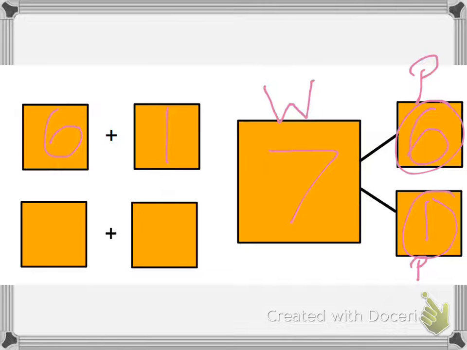Now, we're going to flip-flop those parts around. Because it doesn't matter which order they're in, it's going to still make the same number. Since it's just an expression without the whole, our 2 parts can switch spots and it's still okay. It makes the same number. It still makes 7. So 6 plus 1 we know makes 7.